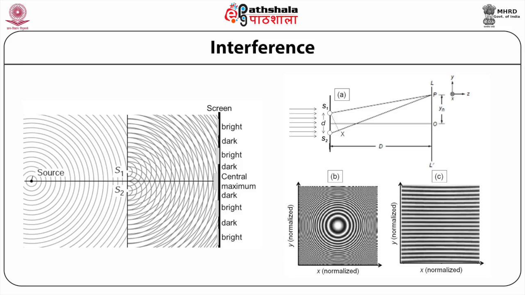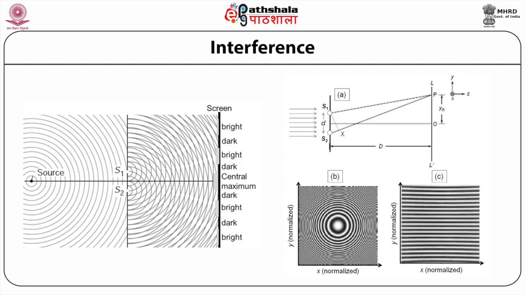These slits can be of two types. One is a circular slit, represented as S1 and S2, for example in this picture. Or they can be rectangular, extended along one direction, with light propagating along the Z direction.